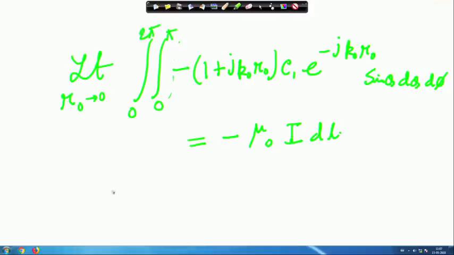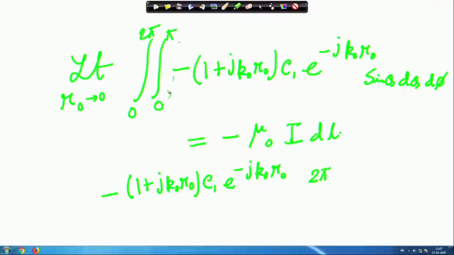So, this one then will become minus 1 plus j k naught r naught C1 e to the power minus j k naught r naught, and due to integration there will be 2 pi, and 0 to pi sin theta d theta is another 2. So, 4 pi into this. Now, this is equal to minus mu naught I dl, but here is a limit, everything r naught goes to 0.